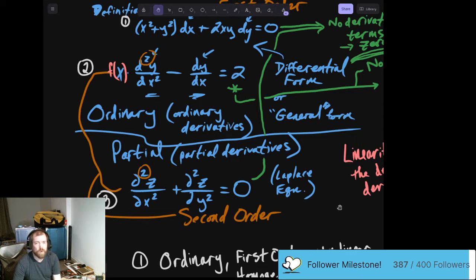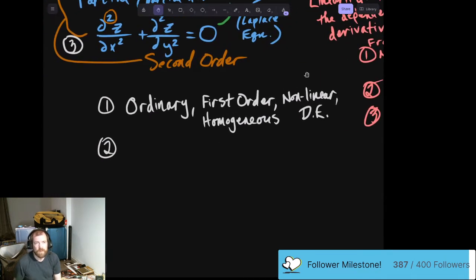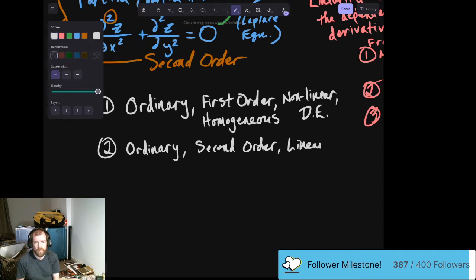And then this was linear and non-homogeneous. So, ordinary, second order, linear, non-homogeneous, differential equation.